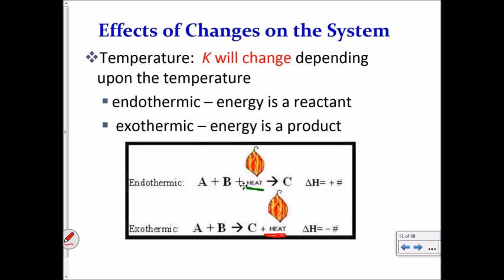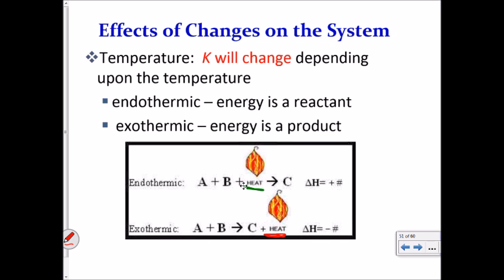Depending upon your reaction, it will also affect the speed of the particles, which affects the rate of the particles, which affects the collisions, which would also affect the proportions that are going to come out of it. So the K value will change if you add or take away heat.